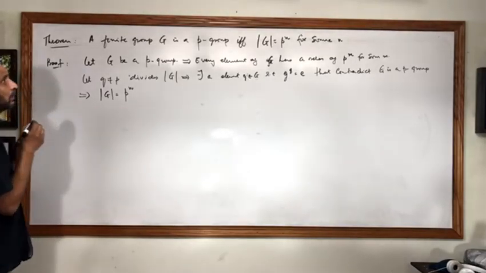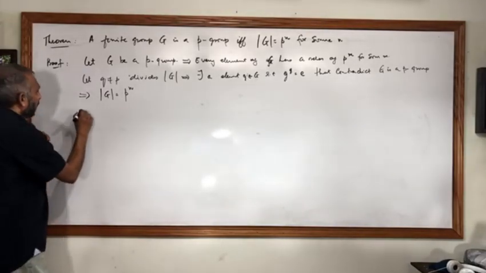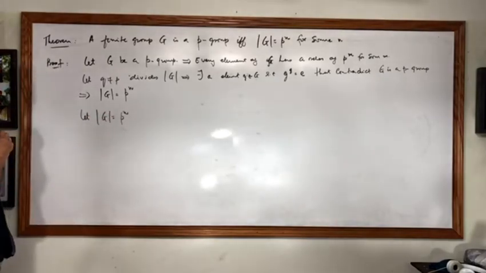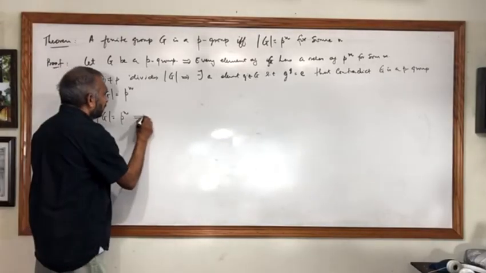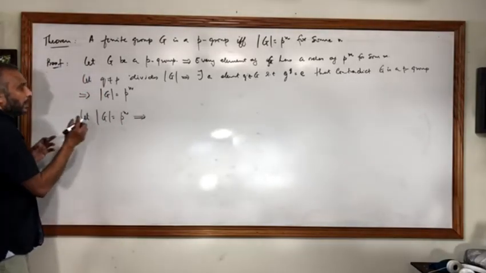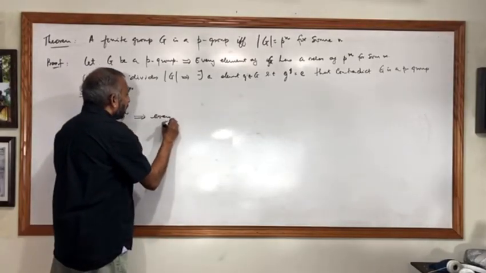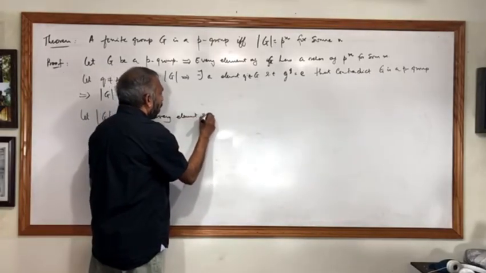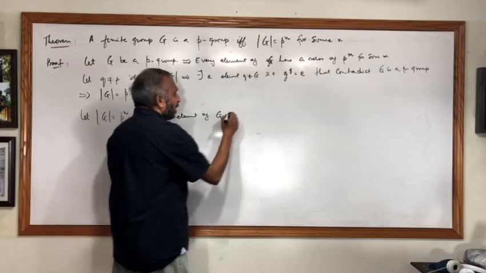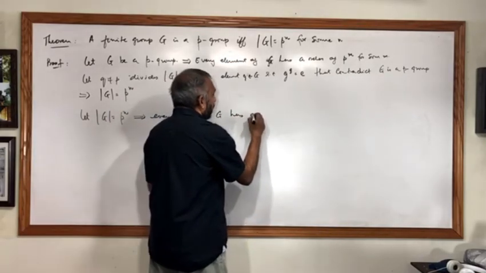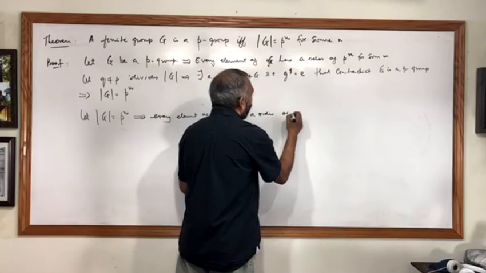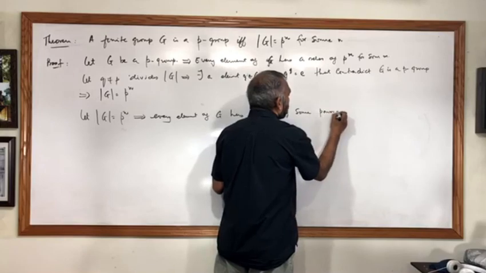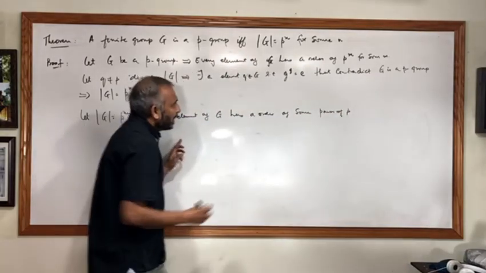Now the next part: let the order of G be P to the power of n. And that implies every element of G has an order of some power of P by Lagrange's theorem.